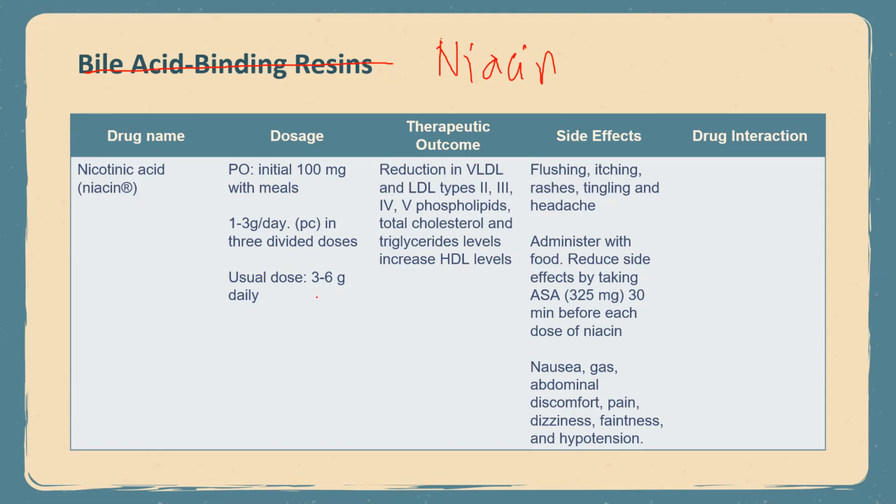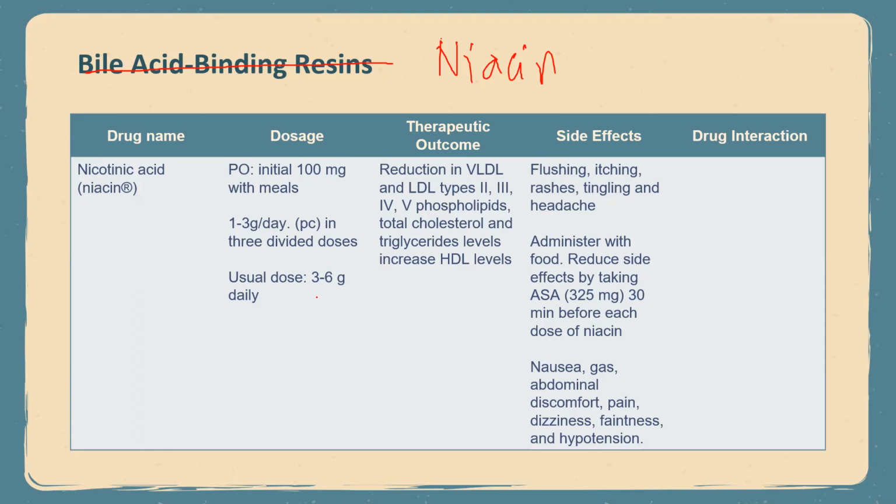Take note that this drug, niacin, a drug class of our hyperlipidemia drugs, is also known as nicotinic acid, which is a water-soluble vitamin B that inhibits the VLDL synthesis by liver cells, causing the decrease of LDL as well as our triglycerides.